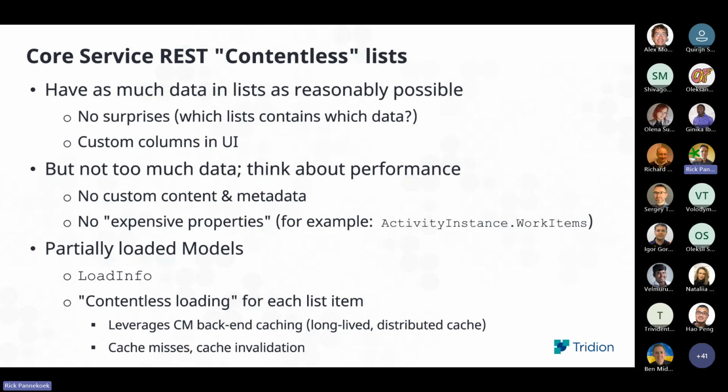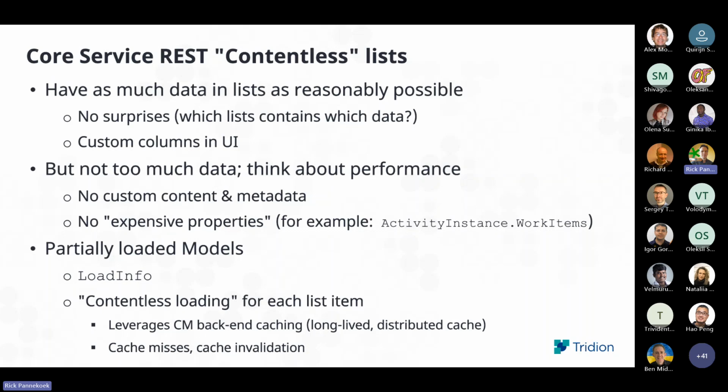So we came up with a set of properties we consider expensive, and these are not included in those so-called contentless lists. That's a bit ironic, because then the surprises are back, but it's pragmatic, to keep it feasible from a performance perspective.